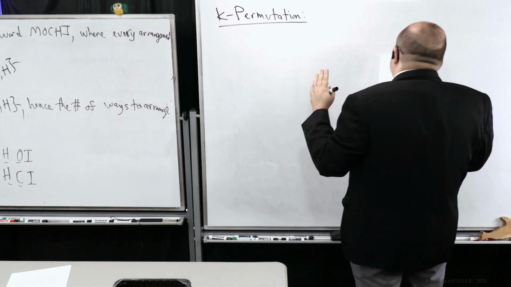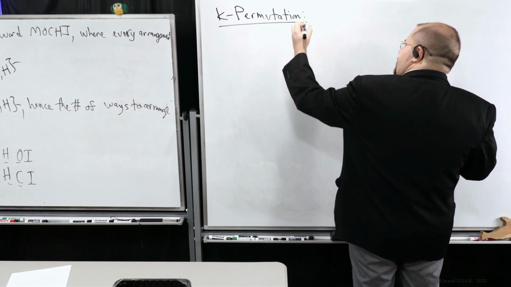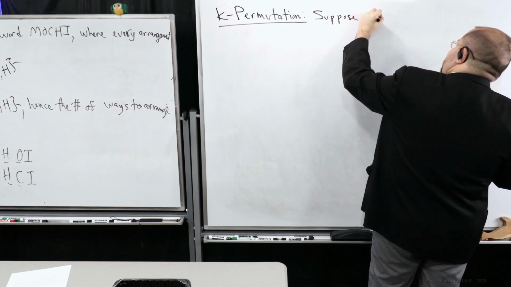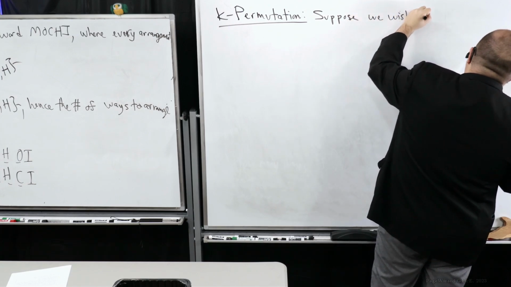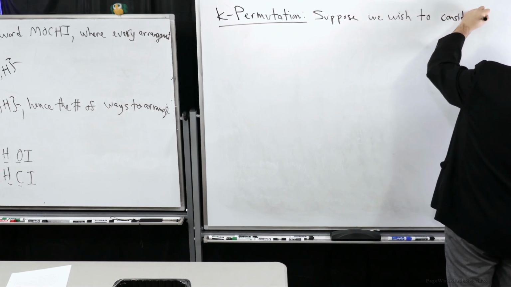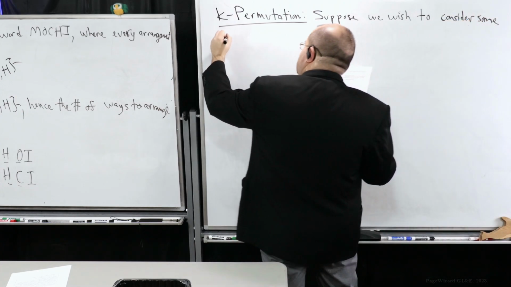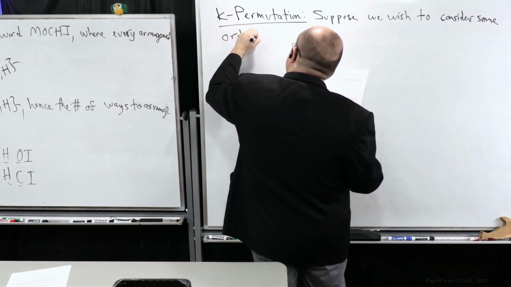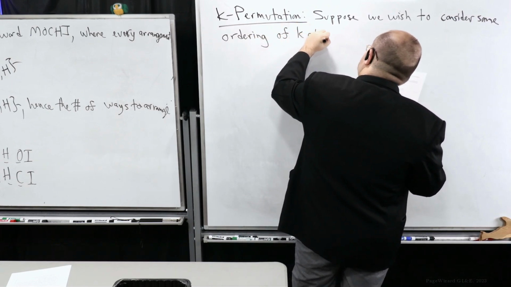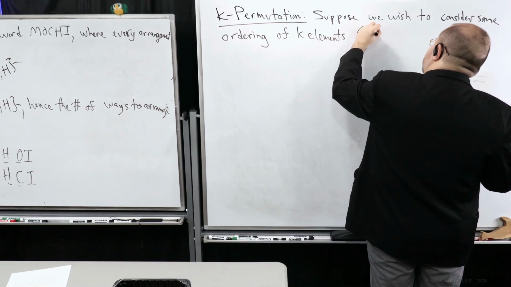So let me define what that is. Suppose we wish to consider some ordering of k elements without repeats, so you're not allowed to reuse the elements.